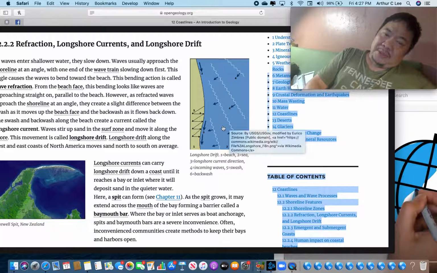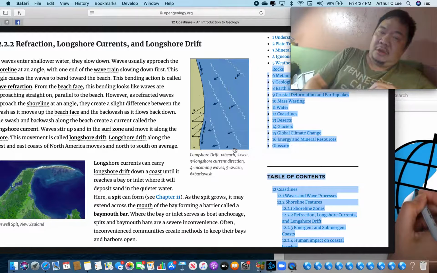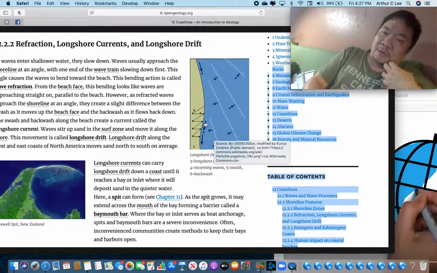If they're coming in from the northeast to the southwest, then they have to be refracted parallel to the coast. And in this case, they'll be refracted to the south. So you're going to form a current that flows south because of wind blowing in from the northeast.